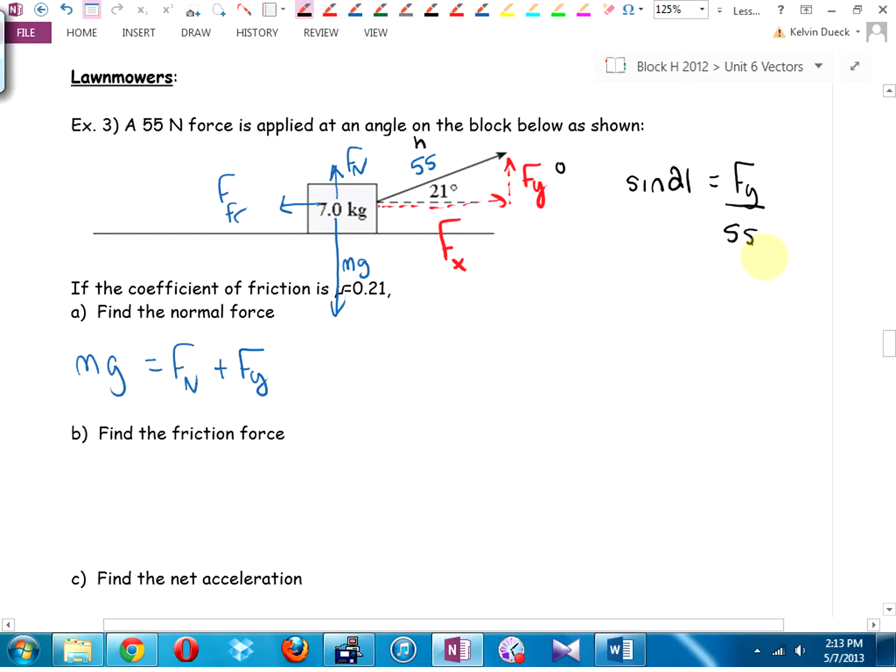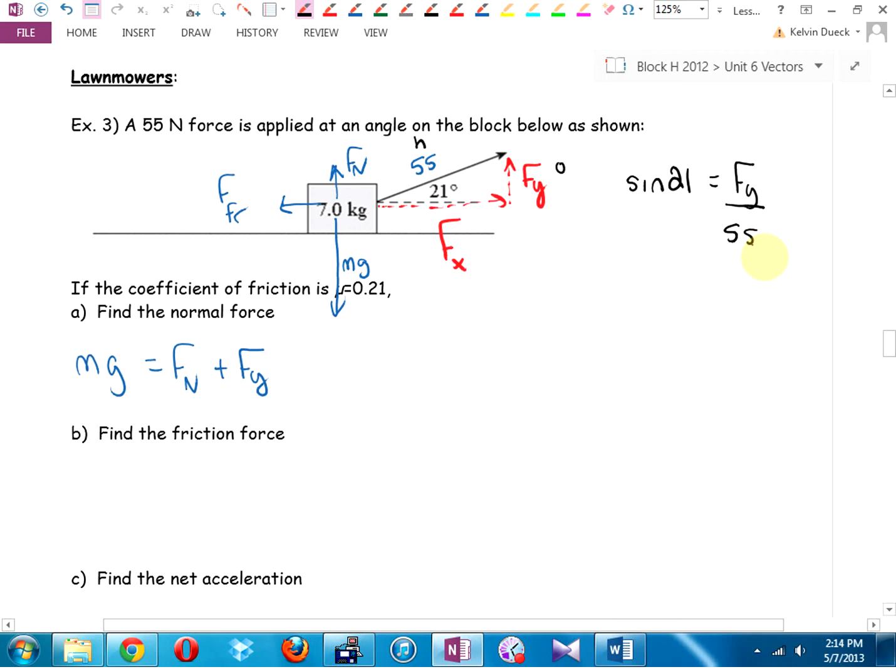Algebraically, what's Fy? How to get the Fy by itself? So Fy is the same as what times what? Did you say sin? Sin is when you swear in my class. Sin is when you call sign sin. That's a sin. 55 sine 21?